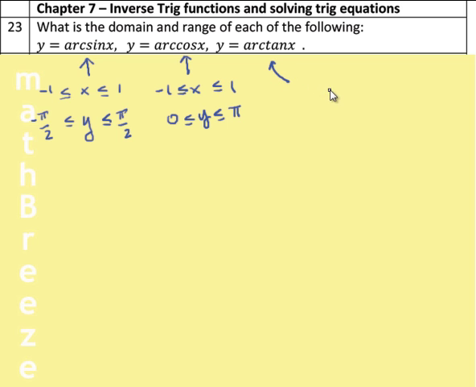For arctan, the x values are between minus infinity and infinity, and the y values are between minus pi over 2 and pi over 2. This time we don't include the minus pi over 2 and we don't include the pi over 2. You see, here for arcsine we do, here we do not.